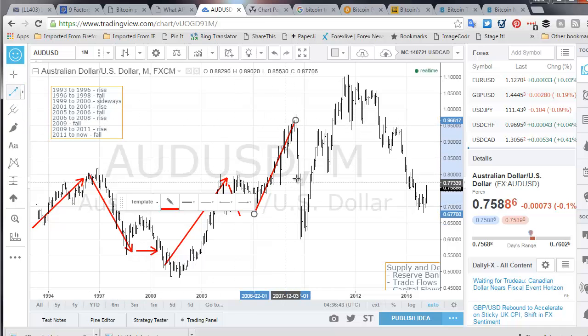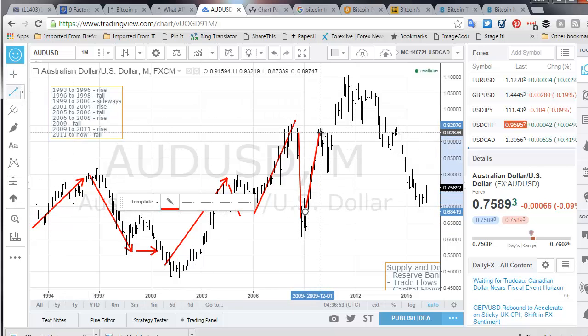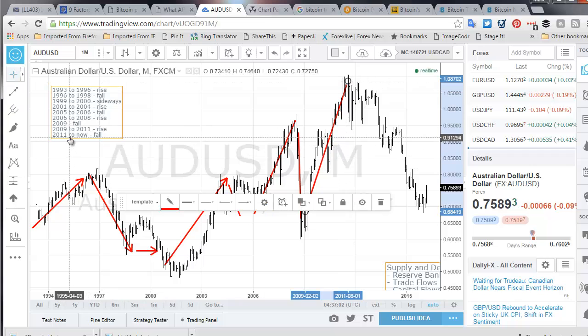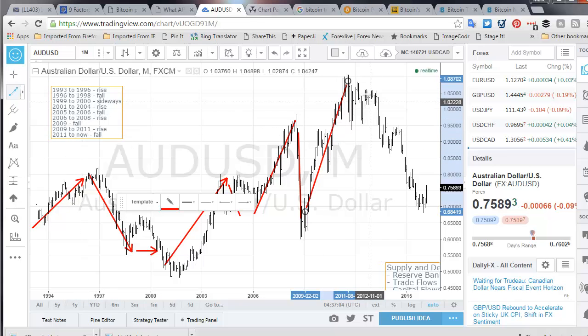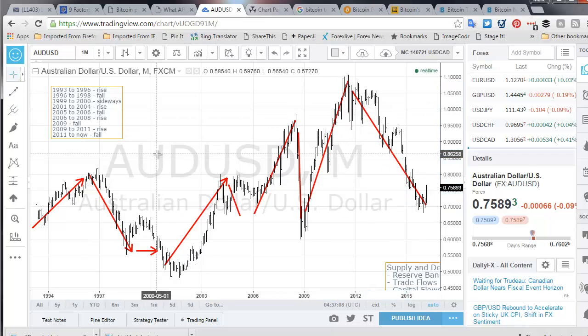We've got the calamitous fall in 2009 with the GFC, and then from 2009 to 2011 we have interest rates rising. November 2011 is pretty well the top, and from 2011 to now we have interest rates in Australia falling compared to the United States.